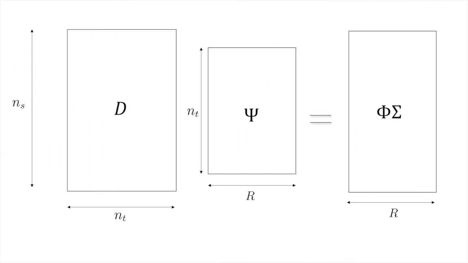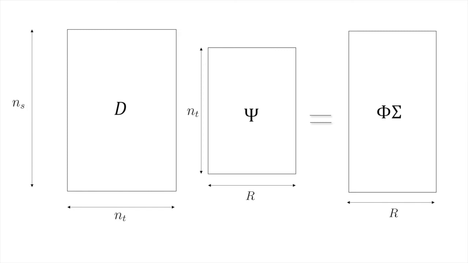So, by working with blocks, we have solved the problem of loading the data matrix D, and we have computed the temporal structures. However, to compute the spatial structures, we need again our matrix D for the final projection. You recall from the second video lecture that this is done by multiplying D times psi.